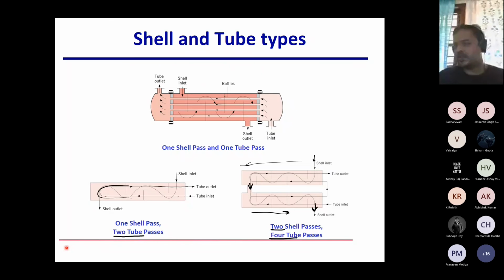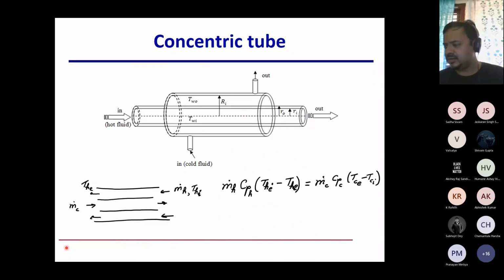Both were flowing from like here. The hot fluid is moving, and the cold fluid is also doing the same. So here we call them co-flow or parallel flow.